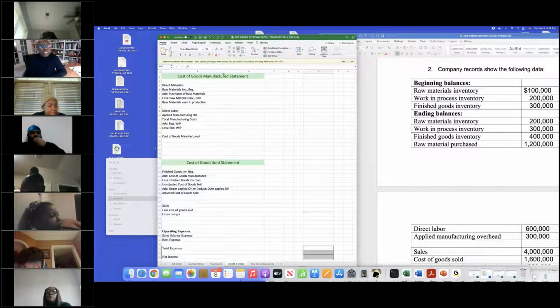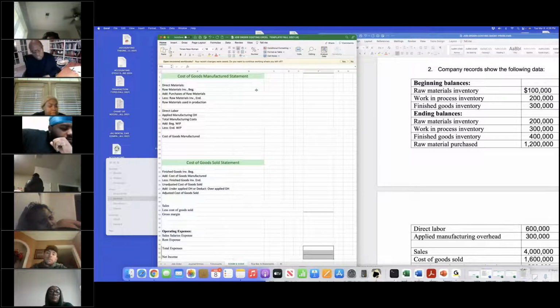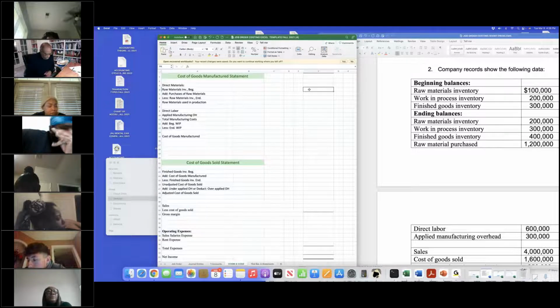The raw materials inventory at the beginning was how much? 100,000.